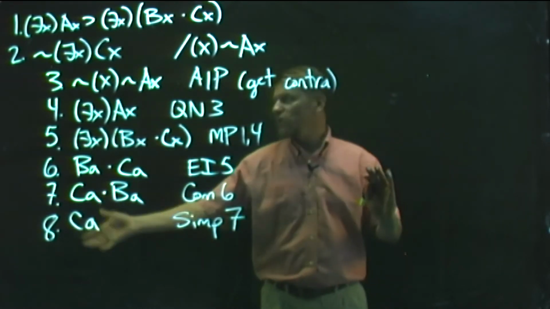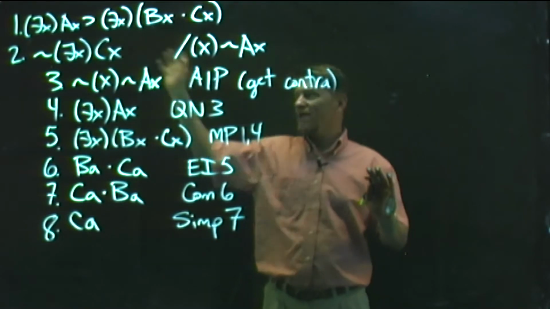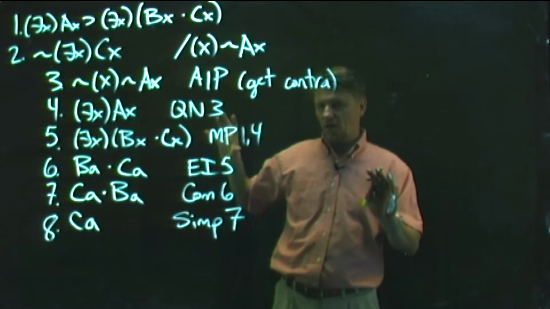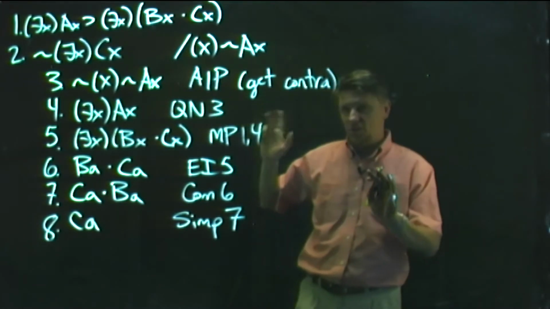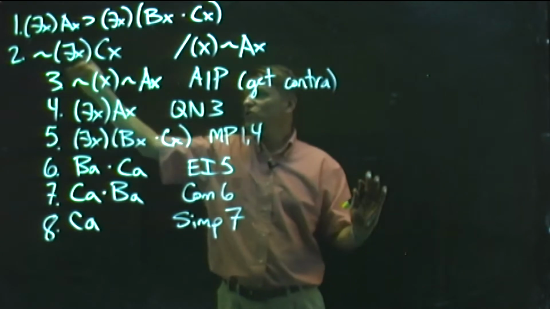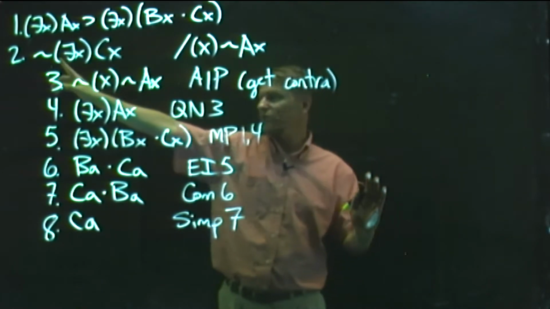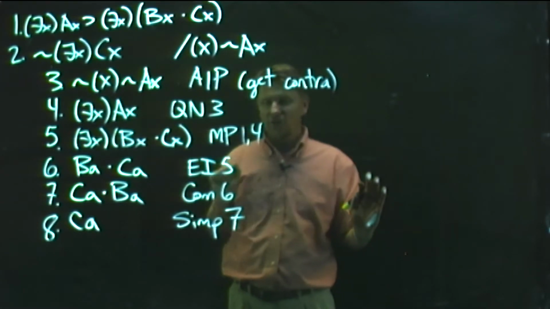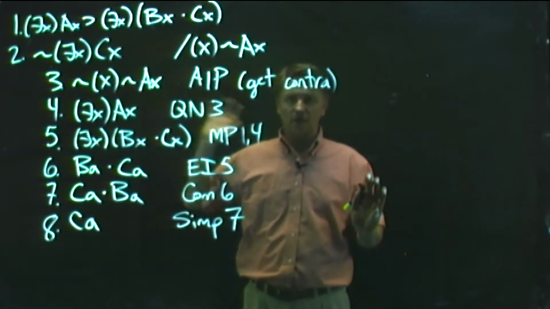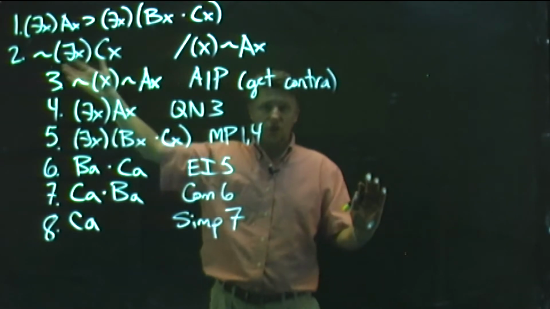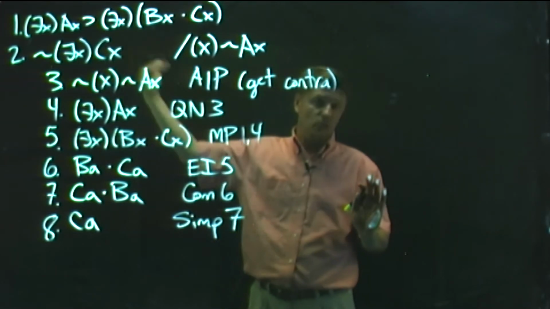So on line 8 here, we have CA. On line 2, we have tilde, there exists an x, Cx. Seems like we can work out a contradiction there. So note, this is an important thing to remind ourselves. Number 2, that quantifier will not come off right now, right? The main operator of number 2 is the tilde. And if the main operator is the tilde, the quantifier cannot come off. We could work using quantifier negation here to move the tilde out of the way and then remove the quantifier.